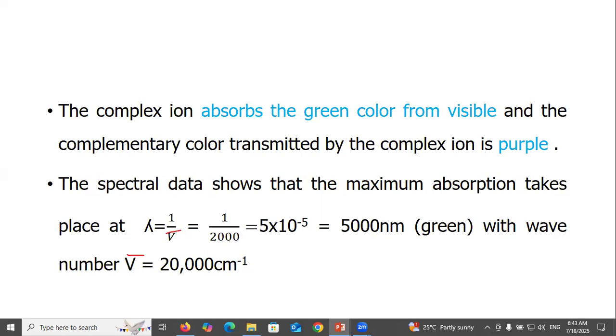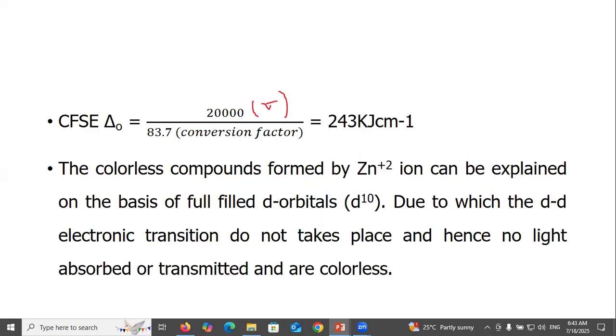The spectral data shows that maximum absorption takes place in the green region. The colorless compounds formed by Zn2+ ion can be explained on the basis of filled d orbitals, due to which the d-d electronic transition does not take place and hence no light is absorbed, and the compounds are colorless.